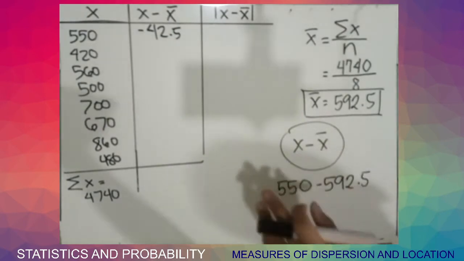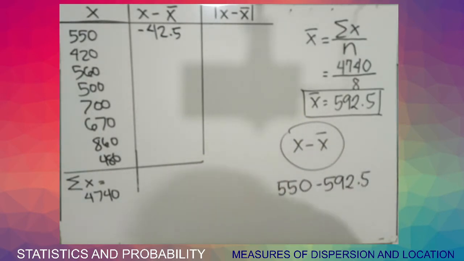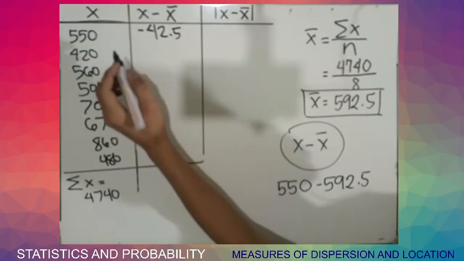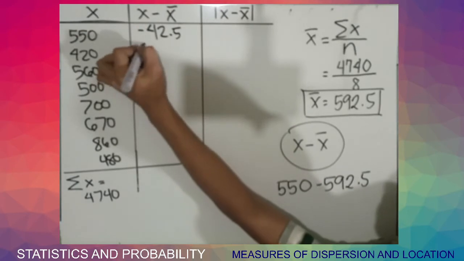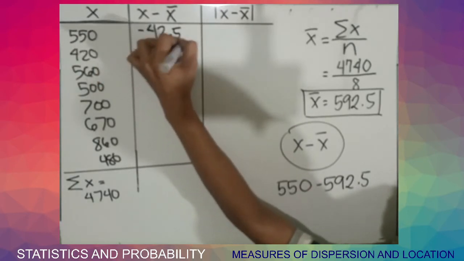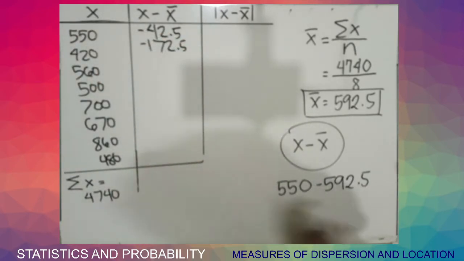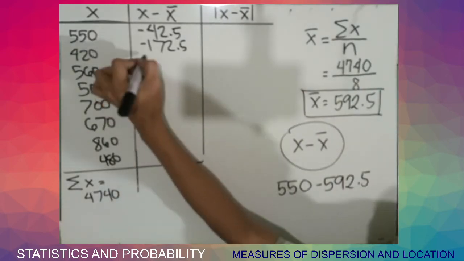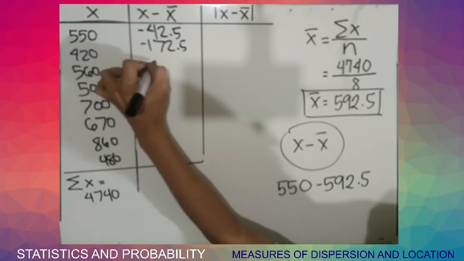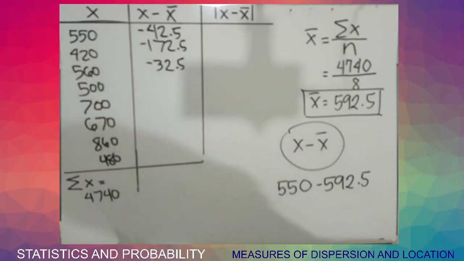So, yung sunod naman, 420 minus 592.5. So, gagawin natin siya dun sa lahat ng value ng x natin. Okay? Sagot dun ay negative 172.5. So, hanggang matapos hanggang 480. So, ano yung sunod? So, 560 minus 592.5. Negative 32.5. Right?